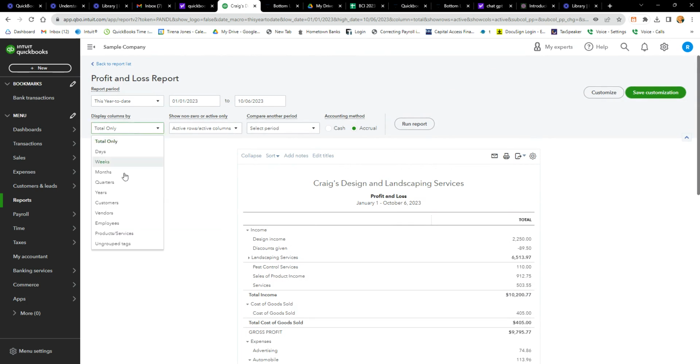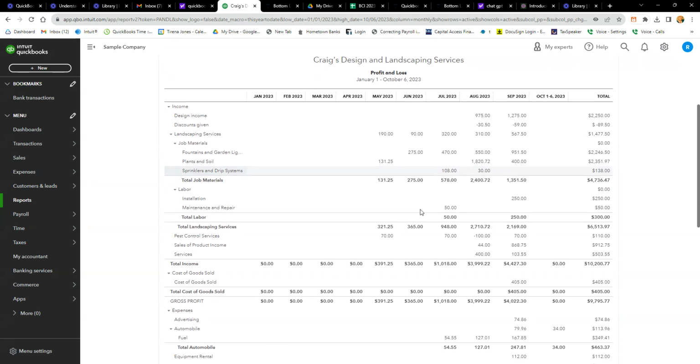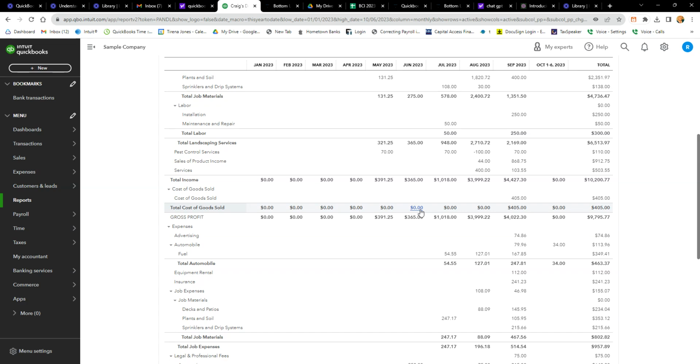So I'm just going to display columns by months and run my report. I love this report in terms of a profit and loss because I can see if there are gaps or there are holes, if we're missing expenses, or if things are just miscoded. But this is where the profit and loss gives you a lot of detailed data to run your business better.